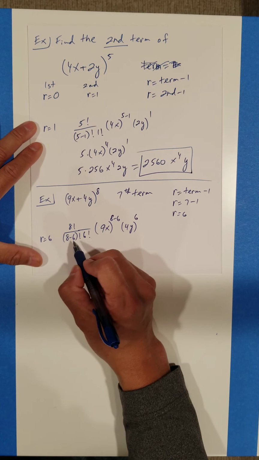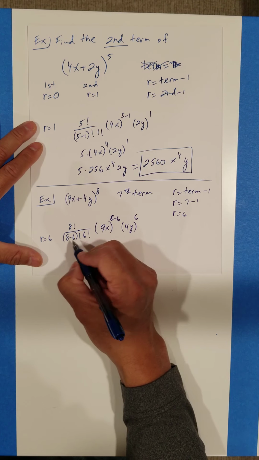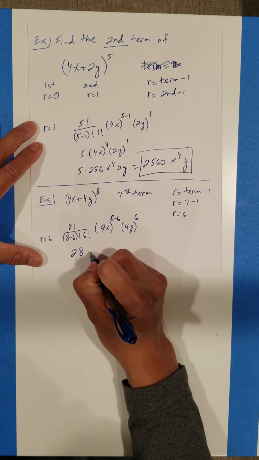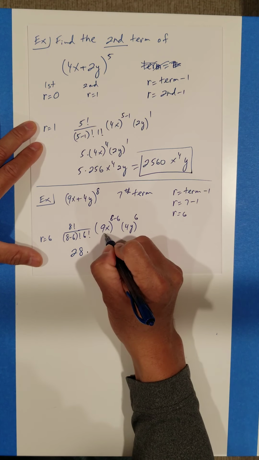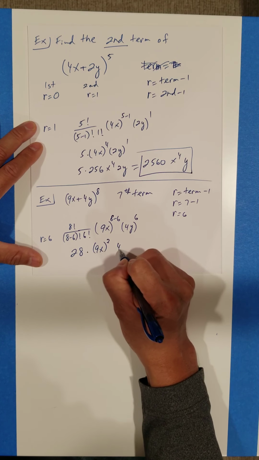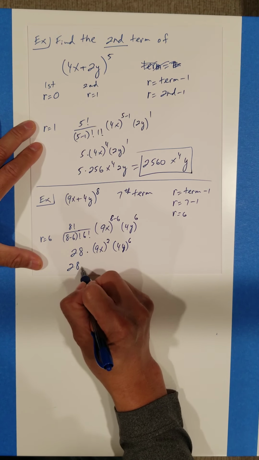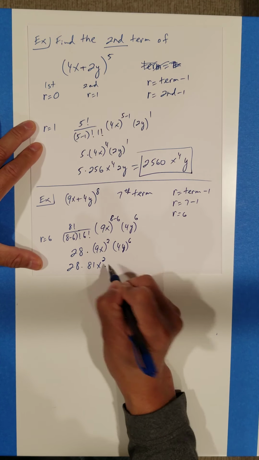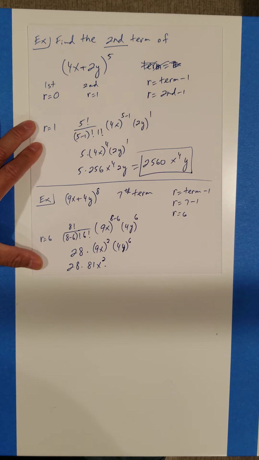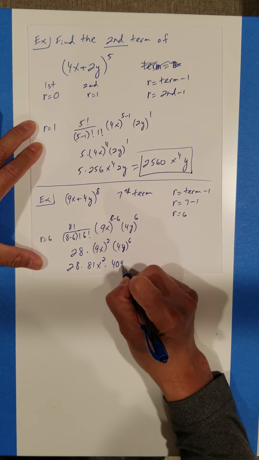Okay, so here, 8 factorial divided by 2 factorial, 6 factorial is going to be 28 times (9x) squared, (4y) to the 6th. Okay, so 28 times 81 x squared times, okay, we're looking at 4 to the power 6. This is 4,096.